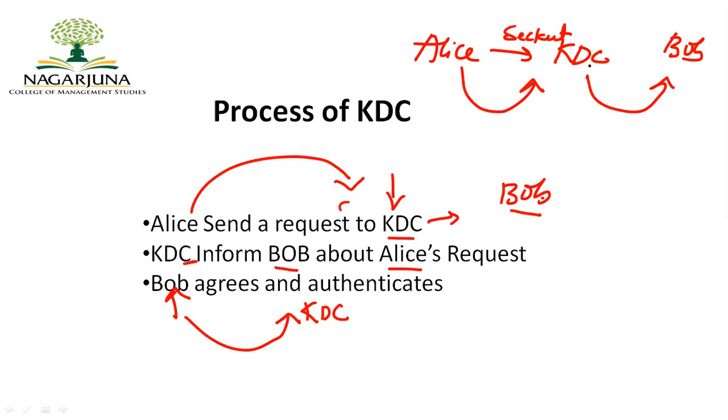Now Bob agrees with the KDC and authenticates himself by sending his secret key, so that a session is established between Alice and Bob with the help of the trusted third party.